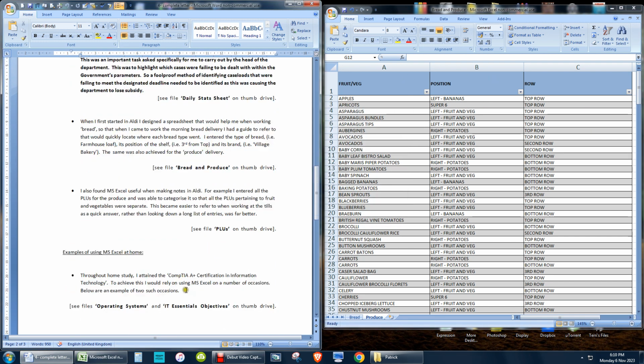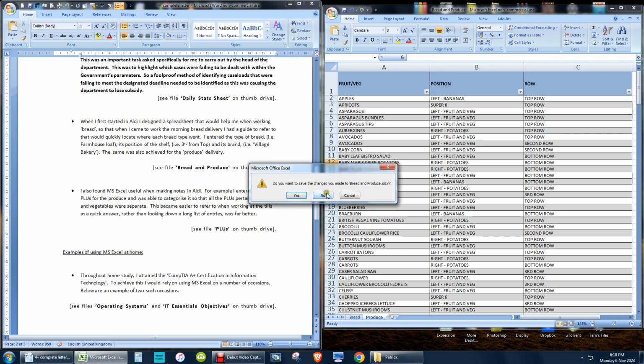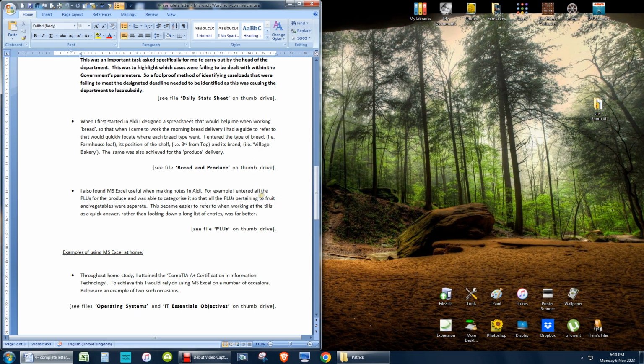Now, I also found Excel useful when making notes in Aldi. For example, I entered all the clues for the produce and was able to categorize it so that the clues pertaining to fruit and vegetables were separate.